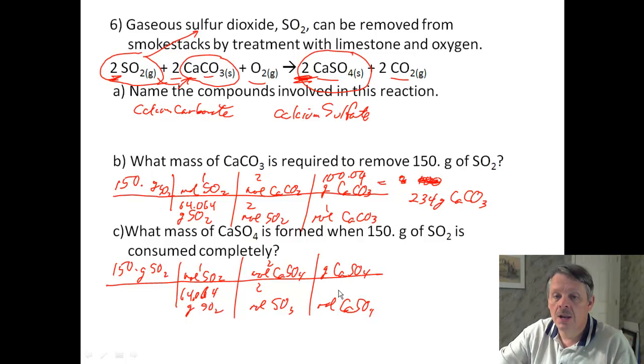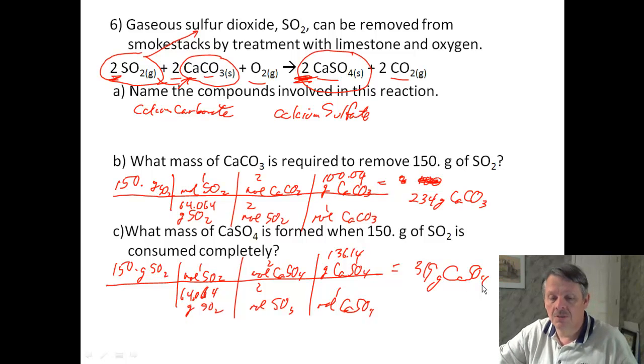So we're going to have to figure out how much 1 mole of calcium sulfate weighs. So if we look it up on the periodic table, that's 136.14 grams of calcium sulfate per mole. So if we do this, we end up with 319 grams of calcium sulfate. Okay, that's it for problem 6.